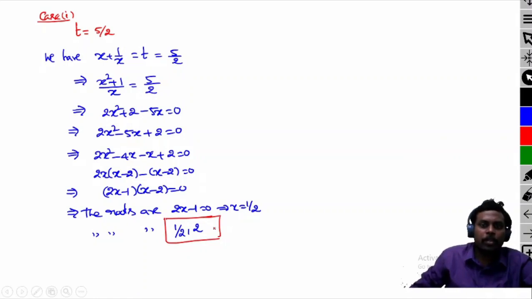Now we have case 2. In case 2, t is equal to minus 3.